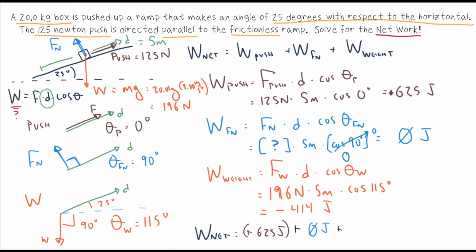And minus 414. And then we're done. You put it in your calculator, add them all together. You get a net work of positive 211 joules done in this circumstance. And there we go.